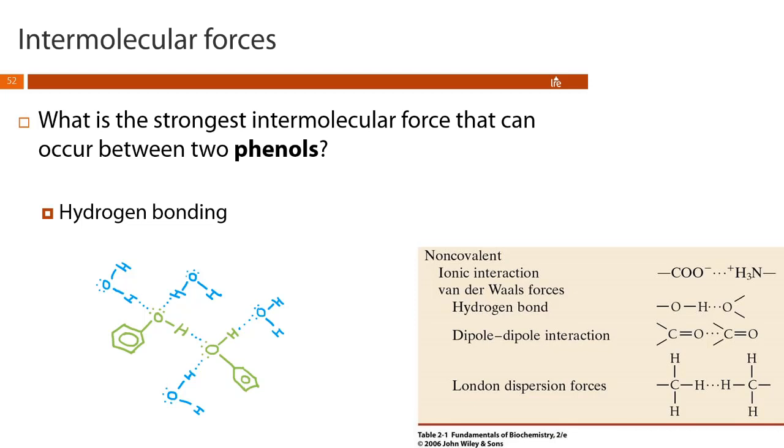So while they can make this really strong hydrogen bond interaction with water, they have these big, bulky aromatic rings that are completely nonpolar and can't interact with water at all. So what ends up happening is phenols tend to be slightly soluble. The OHs can interact really well with the water, but these aromatic rings prefer to clump together.